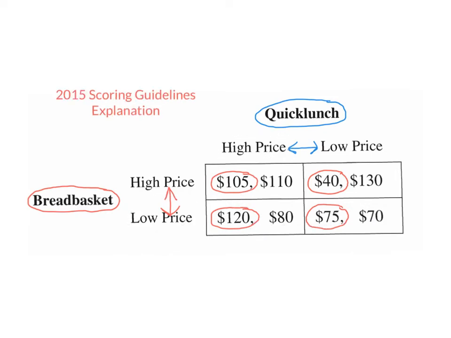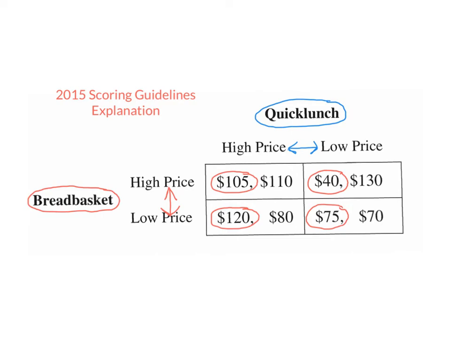Let's use the 2015 AP question to see the different types of questions that would be asked in a game theory problem. So the first question reads, does each shop have a dominant strategy to set a high price, a dominant strategy to set a low price, or does it have no dominant strategy?